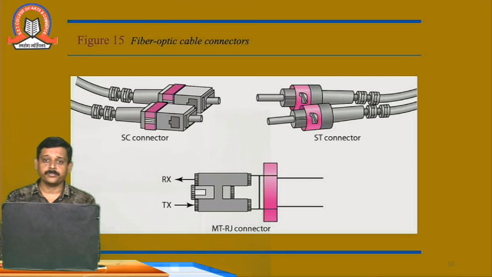Trained manpower for shielded twisted pair, unshielded twisted pair as well as coaxial cable is easily available, but for fiber optic cable it is very hard, and we need trained manpower for assembling as well as maintenance.